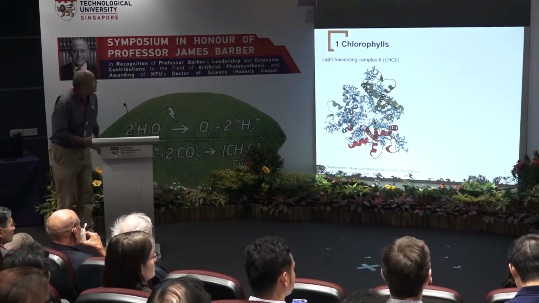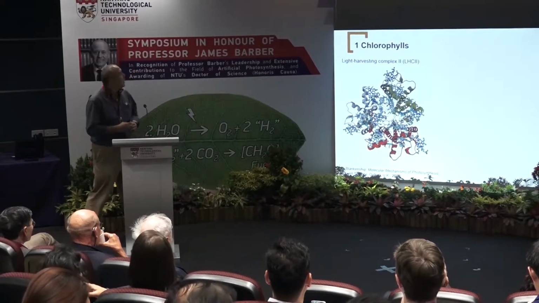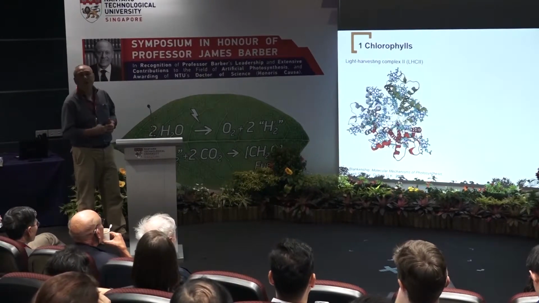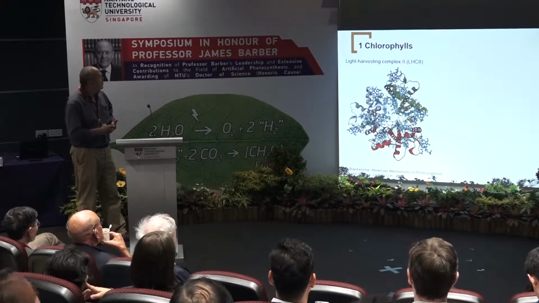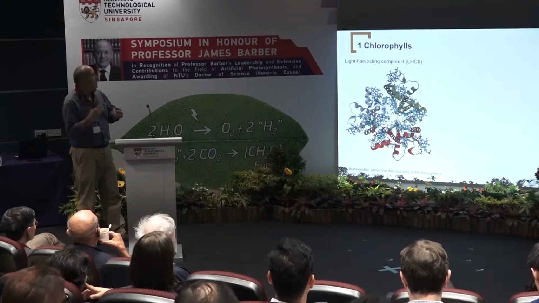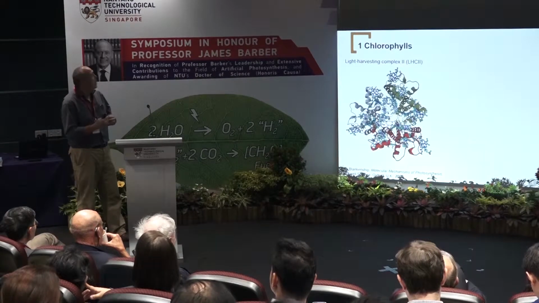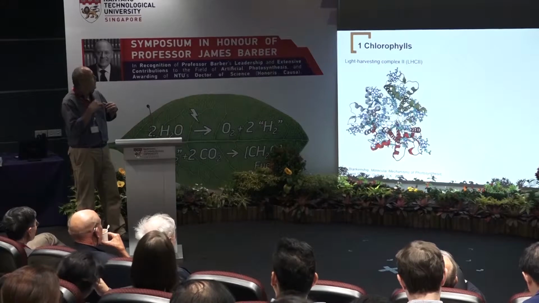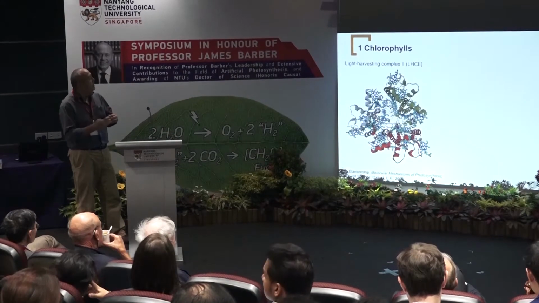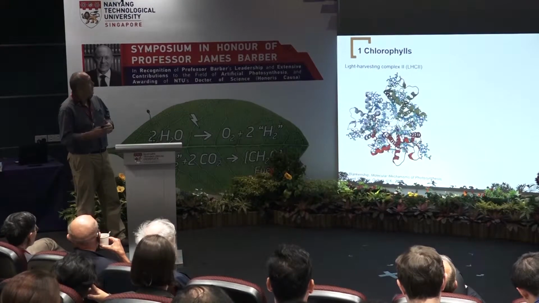All right, I'm going to talk from a theoretical perspective about the chlorophyll from light harvesting complex 2, the exciton created, and how the electronic energy is relaxed and dissipated, and eventually goes to the QY excitation.